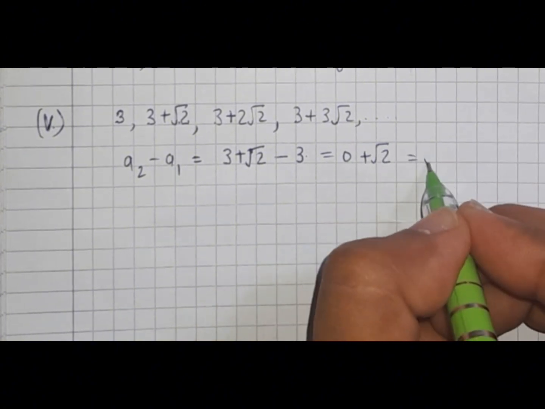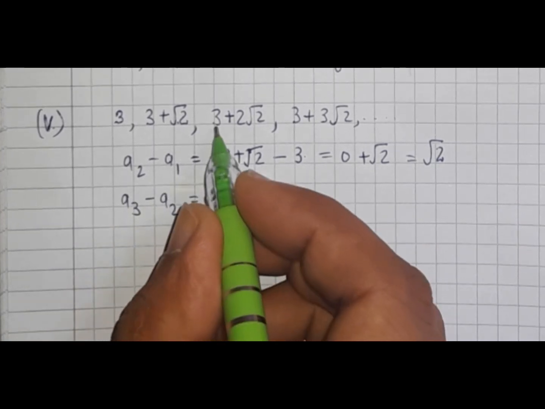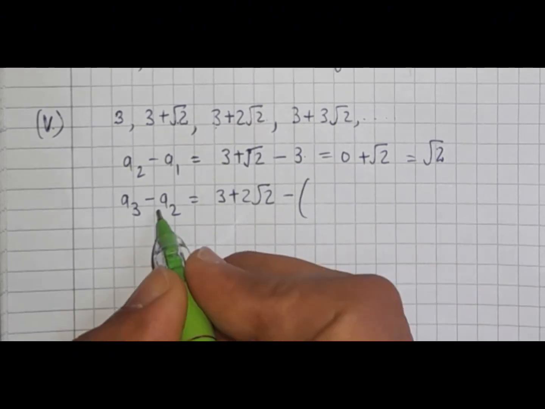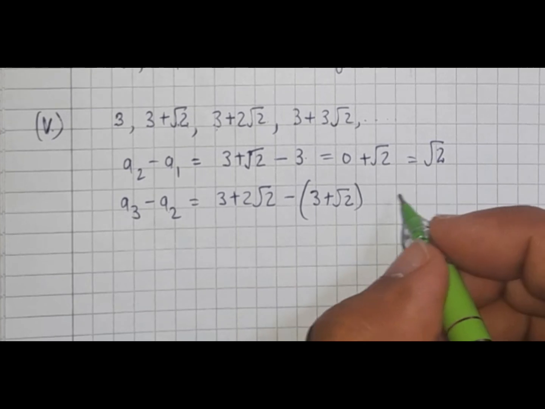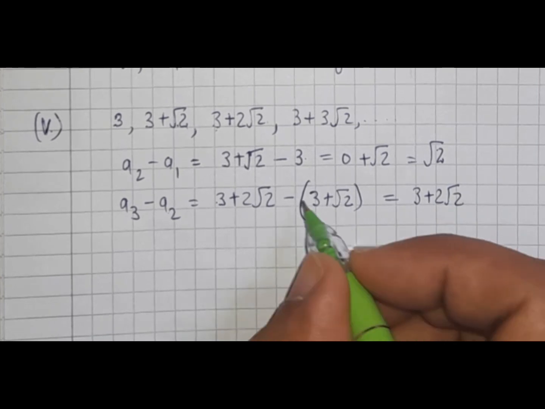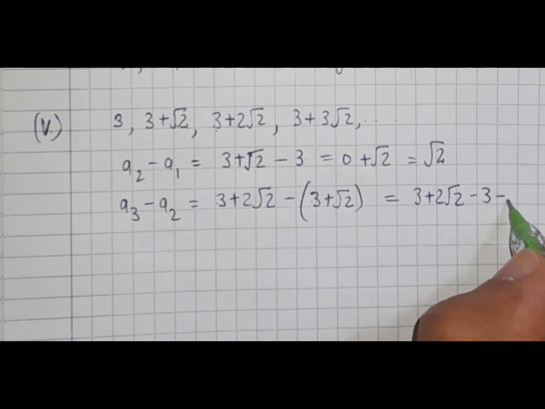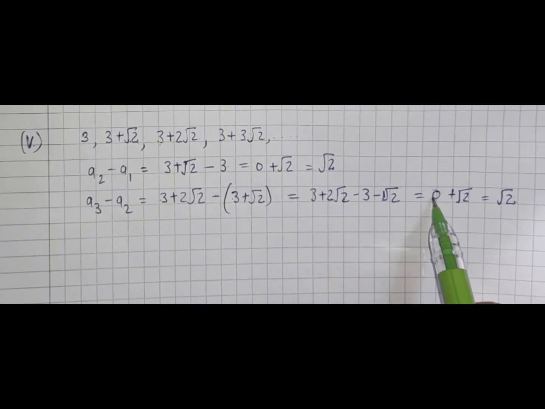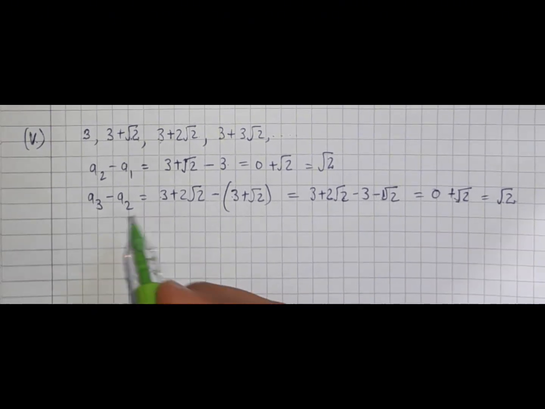So A2 minus A1 equals root 2 and A3 minus A2 equals 3 plus 2 root 2 minus A2, 3 plus root 2. Now 3 minus 3 equals 0 and 2 root 2 minus 1 root 2 equals root 2.